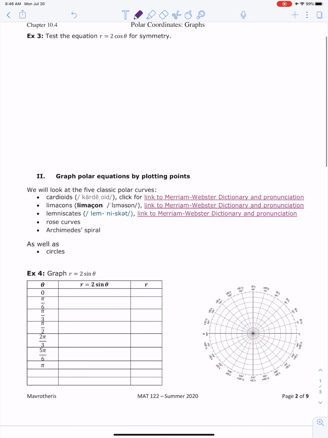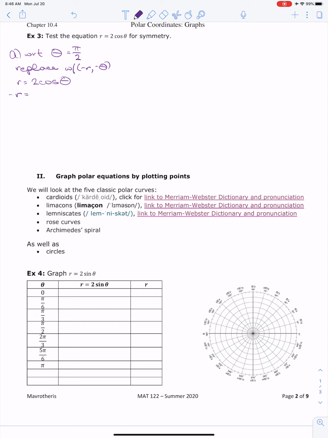Same way we started before, I'm going to check for symmetry with respect to the line theta equals pi over 2. Remember, that is our vertical axis, and we check for that by replacing r, theta with negative r, negative theta. So I've got r equals 2 cosine theta.